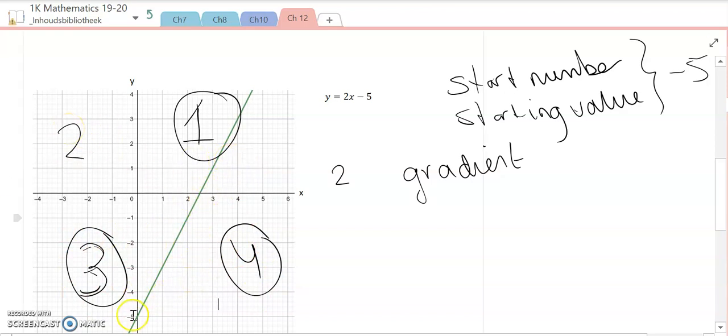What are the coordinates of the starting value, the starting point, the intersection with the y-axis? Well, on the x-axis, this point over here is 0, and the y-coordinate is -5.